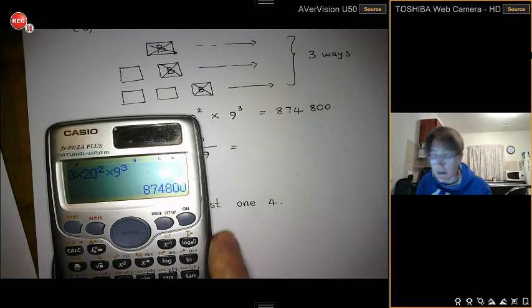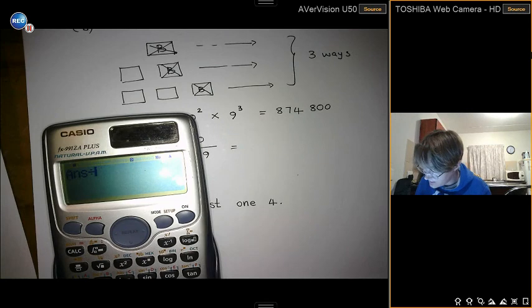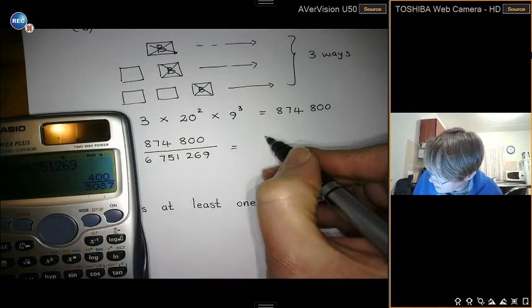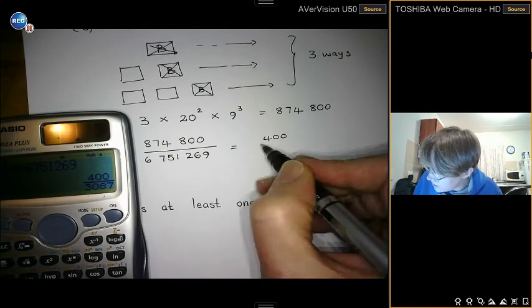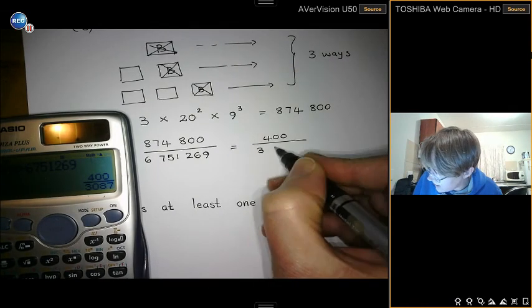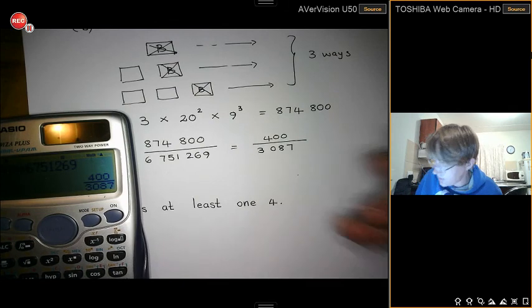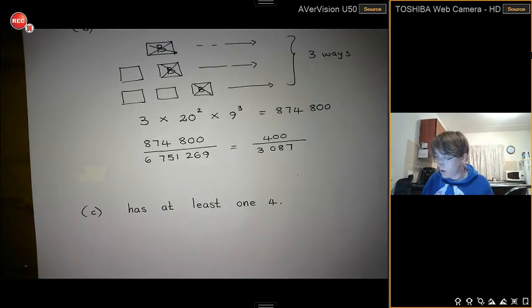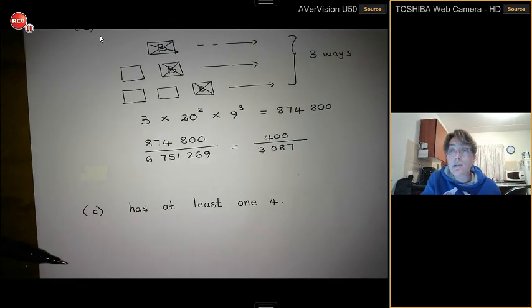And I can then divide that one by 6,751,269, and I end up with 400 over 3,087. There you go.